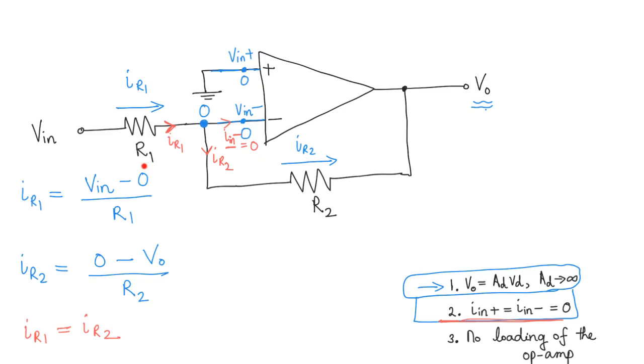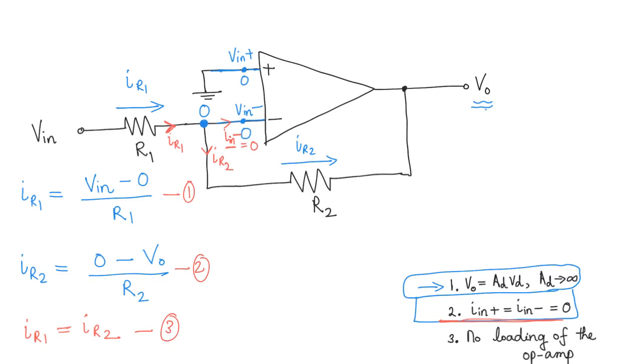So now we have an expression for IR1, we have an expression for IR2, and we have this equation. Let's just replace equations 1 and 2 in 3, and what do we get?